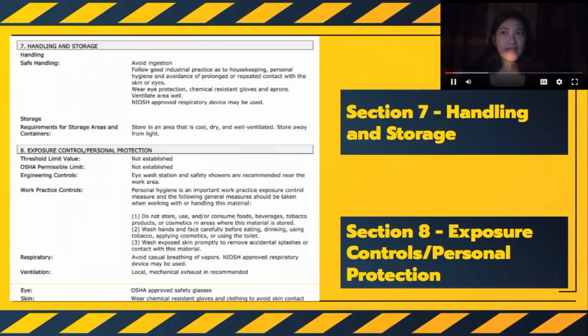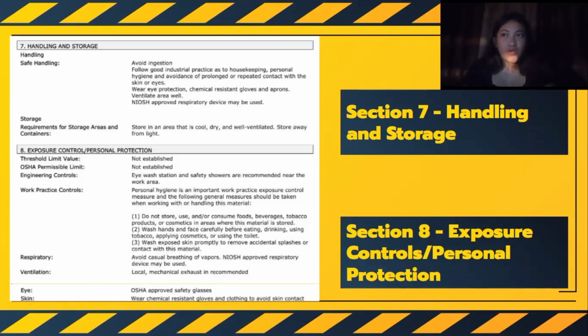Section 7. Handling and Storage. It provides guidance on the safe handling practices and conditions for safe storage of chemicals, including incompatibilities. So, all products to be stored must be classified in the storage class relevant to their specific hazard characteristics.